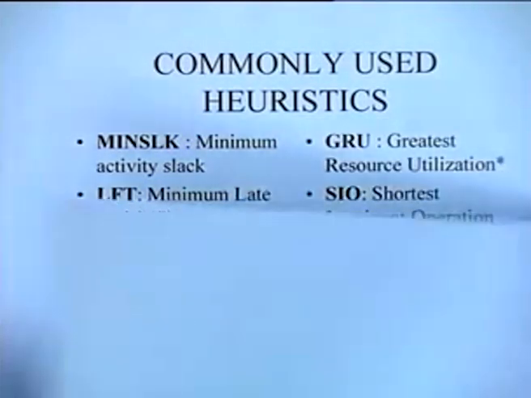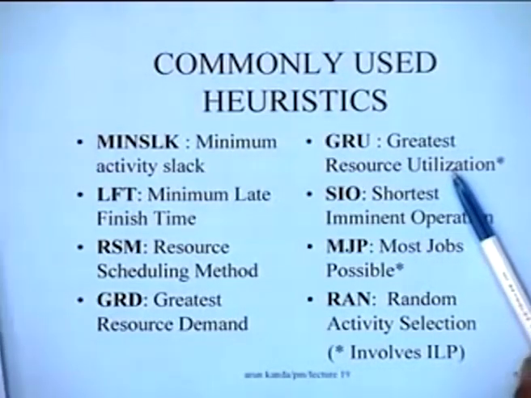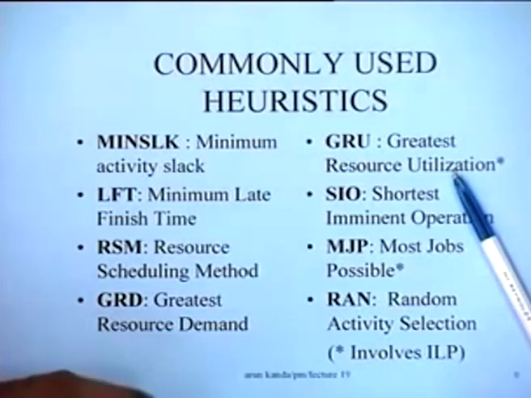Then we have the greatest resource utilization. Greatest resource utilization means that whenever there is a set of activities which has to be scheduled, you try to pick up a subset of these activities in such a manner that the maximum amount of resource is scheduled.